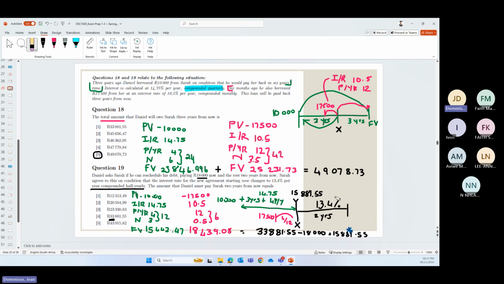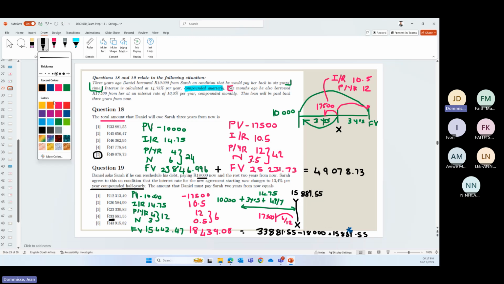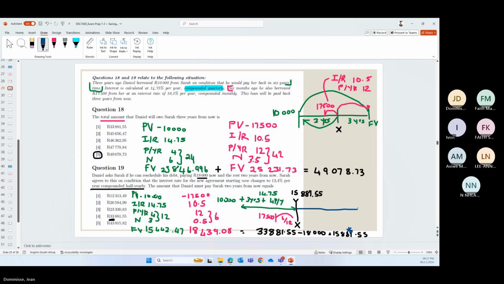So let me do this a bit so that we can just make it all the same color, so that we now know that we're working with a blue component. The blue component that we will need to work out will now be our present value. They told us there's a new interest rate of 13.4%.